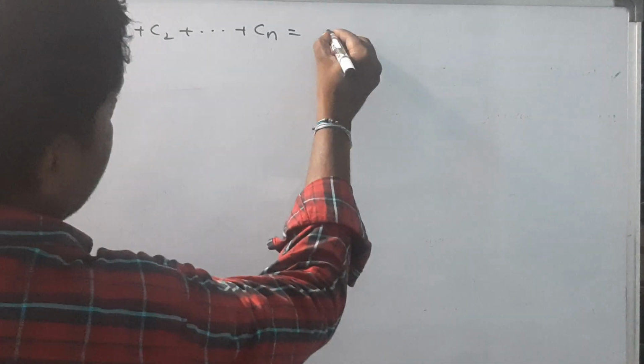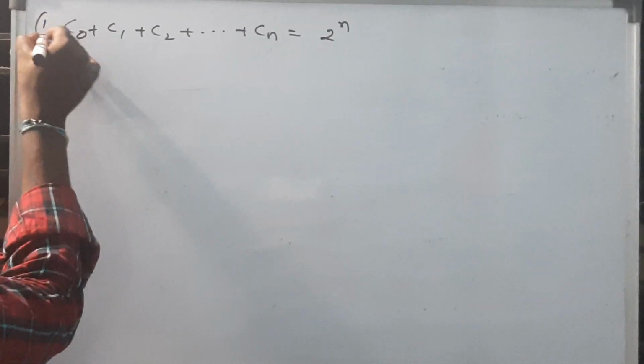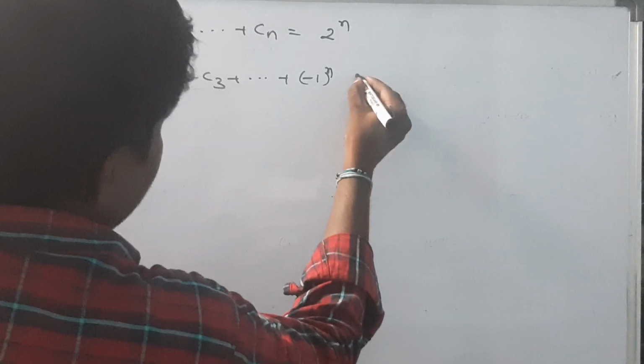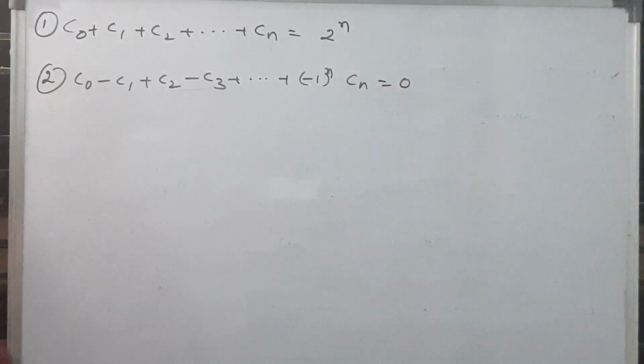C0 plus C1 plus C2 plus and so on plus Cn, the sum of the binomial coefficients in the expansion, is nothing but 2^n. Next, C0 minus C1 plus C2 minus C3 plus and so on plus (-1)^n Cn is equal to 0.